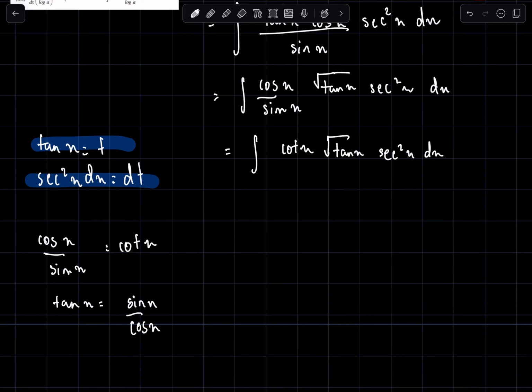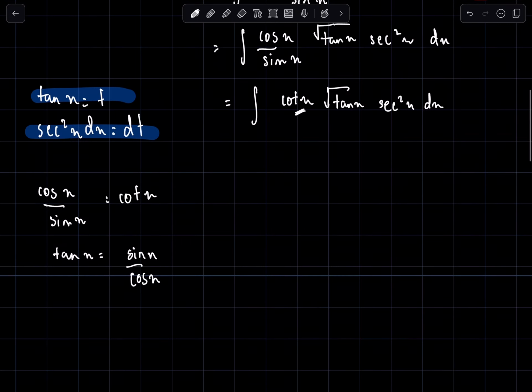Correct. Now I want to make this in terms of tan, which is simple, because cot x is 1 over tan x. They're inverses of each other, right?